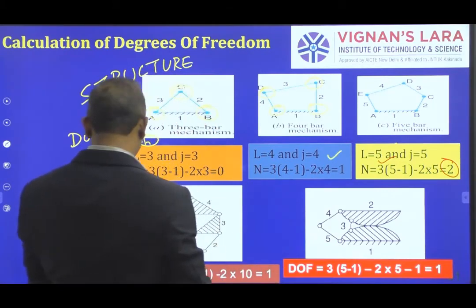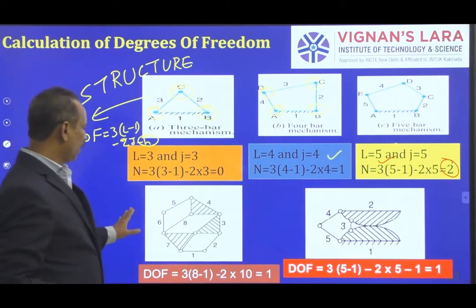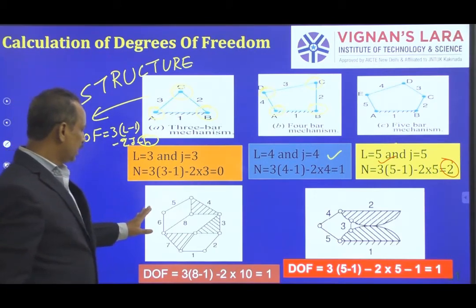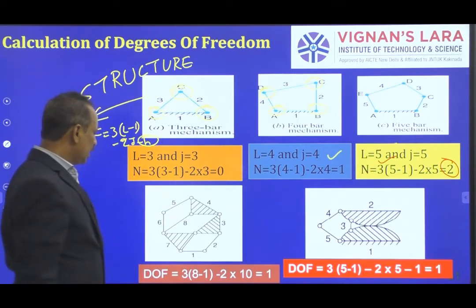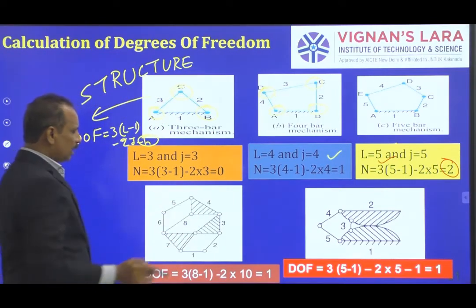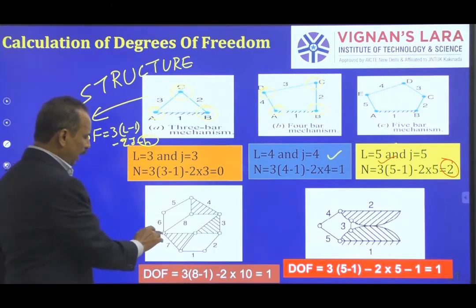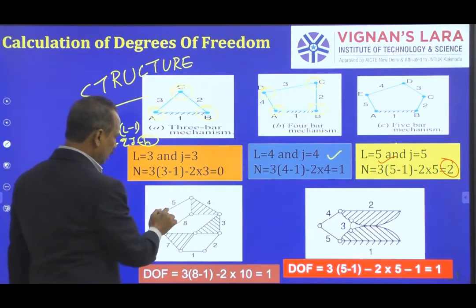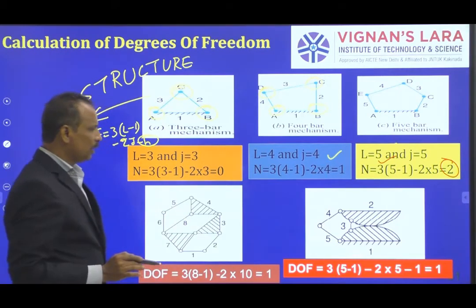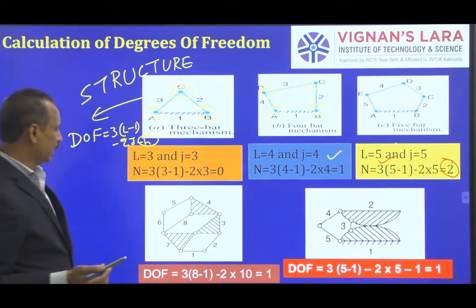Now let us see the two typical cases I have given here to find the degrees of freedom. You can see this consists of binary links and ternary links. This is a ternary link and these are binary links. So it consists of binary joints and ternary joints.